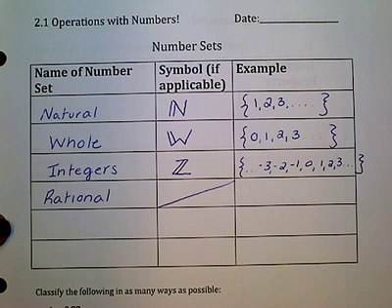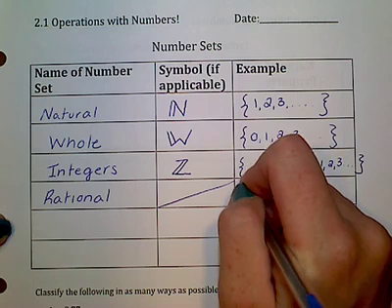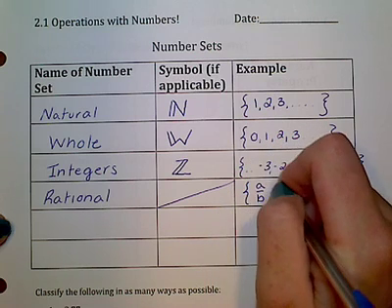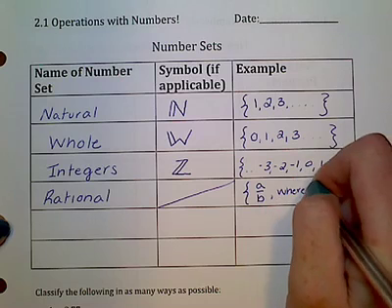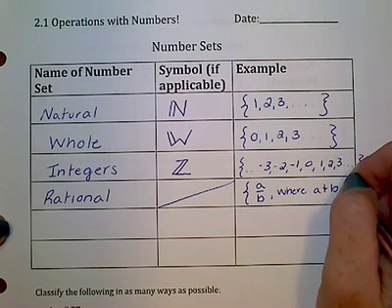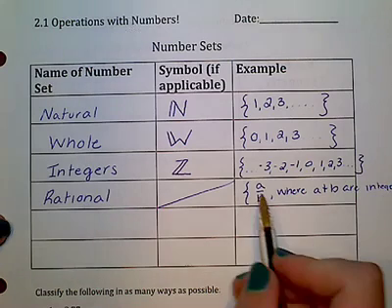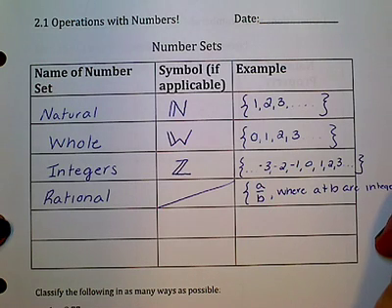Another way of thinking about that is a rational number can be written as a fraction. It's not always written as a fraction, but it can be. So we describe it as the set of numbers A divided by B, where A and B are integers. That would create a nice little fraction.